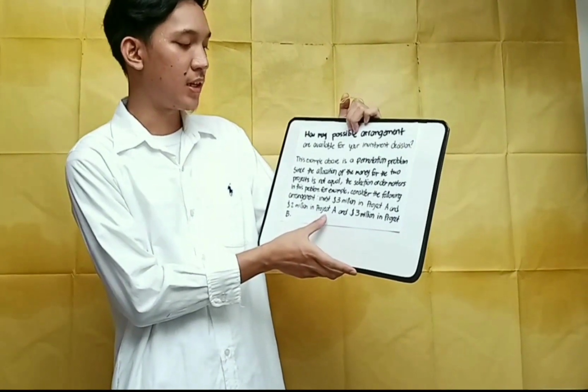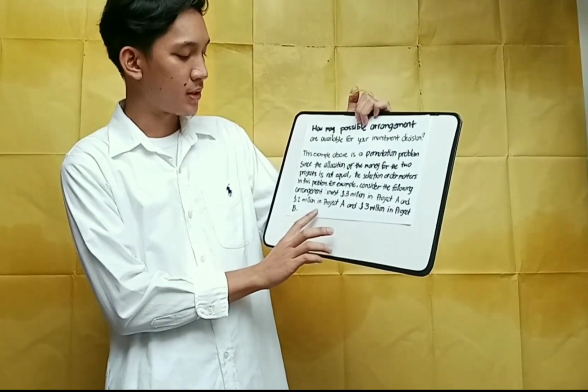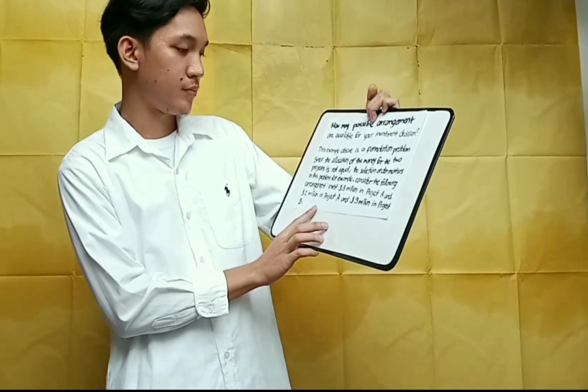Invest $3 million in project A, and $2 million in project B. So it's not equal because 3 and 2 are not equal. The options are not equal, therefore, we must use the formula above to determine the number of available arrangements.